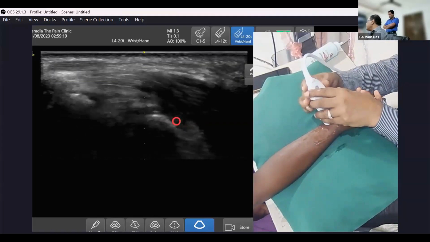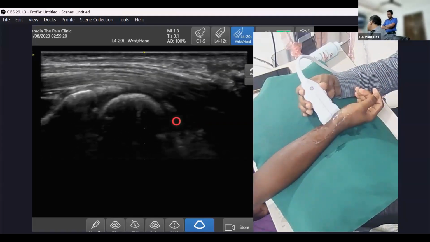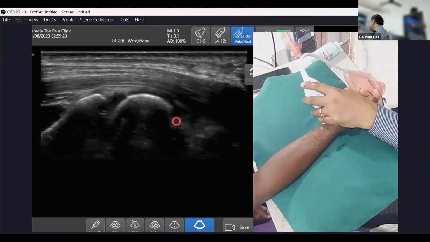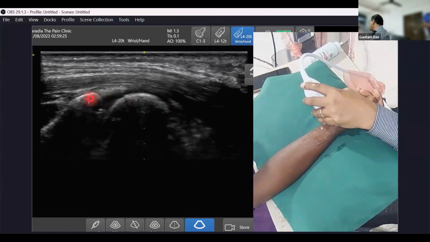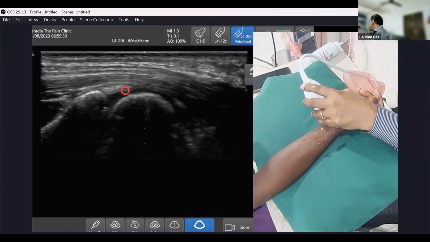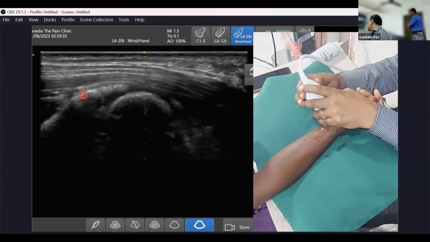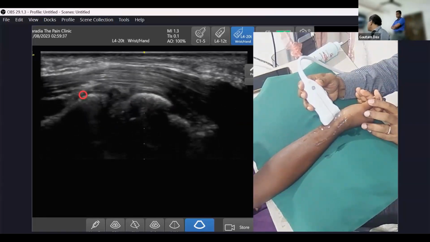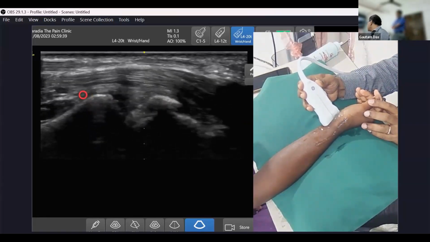Again, I'm showing you. If I'm holding the probe like this, this is your lunate and this is your radius, so this is your short radiolunate ligament. Now I'm fixing this part of the probe and sliding the other part more towards the radial side. Look at my movement of the probe.